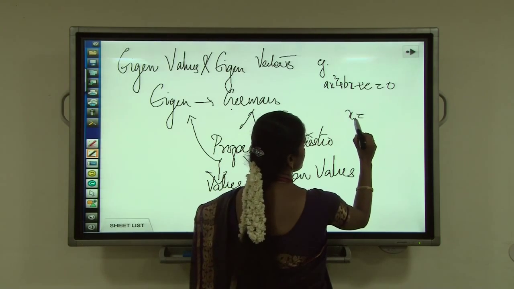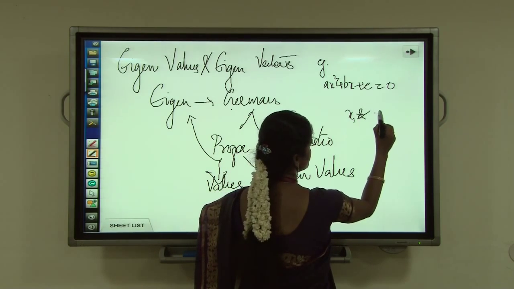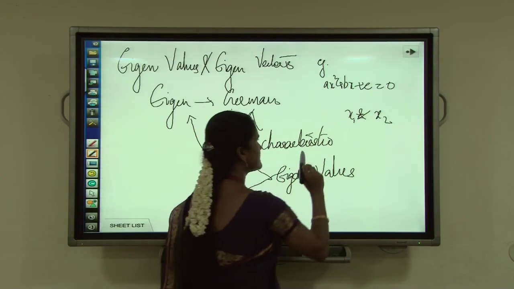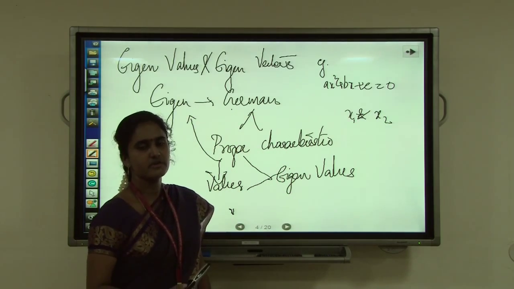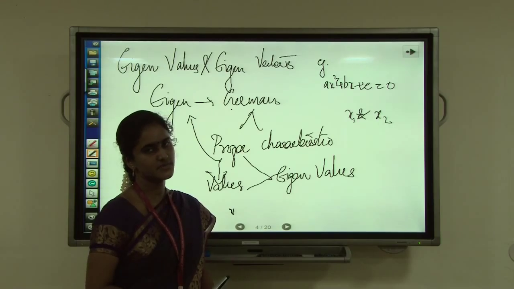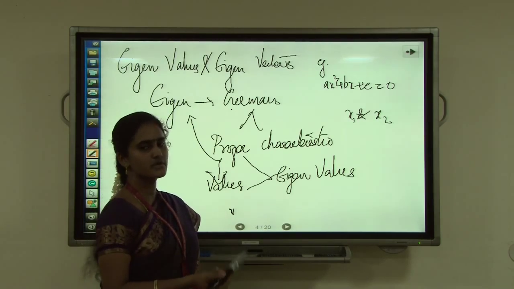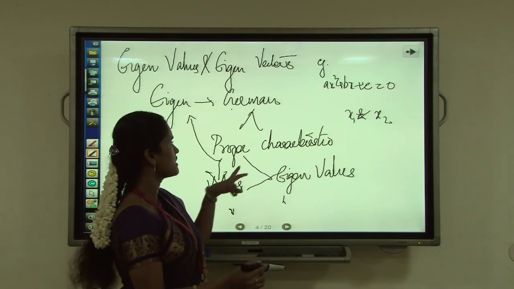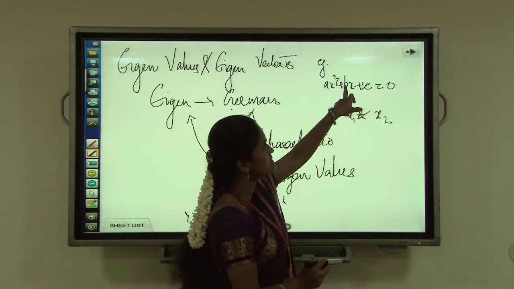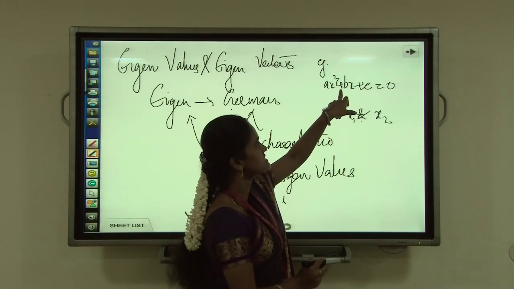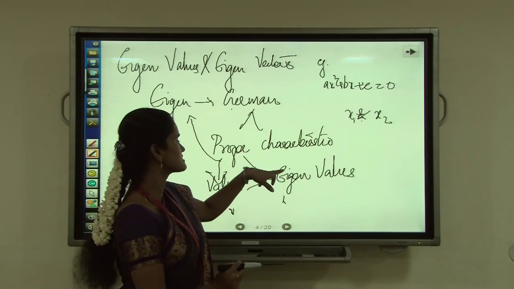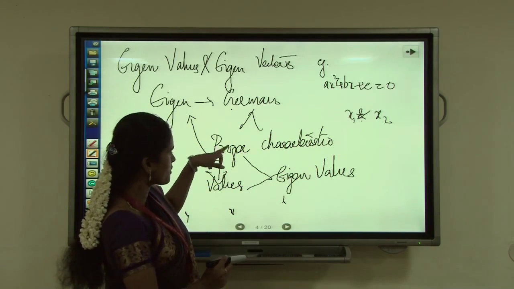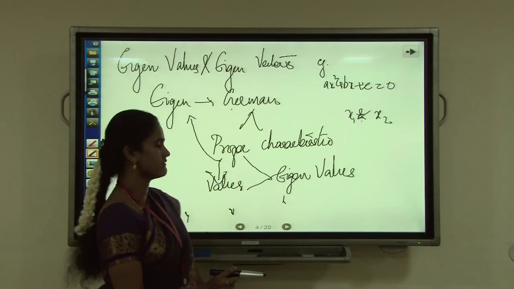So you may have x1 and x2 as roots. When it is quadratic, you can expect 2 roots; when we solve a cubic equation, you can expect 3 roots. These roots, the proper values, are nothing but eigenvalues.